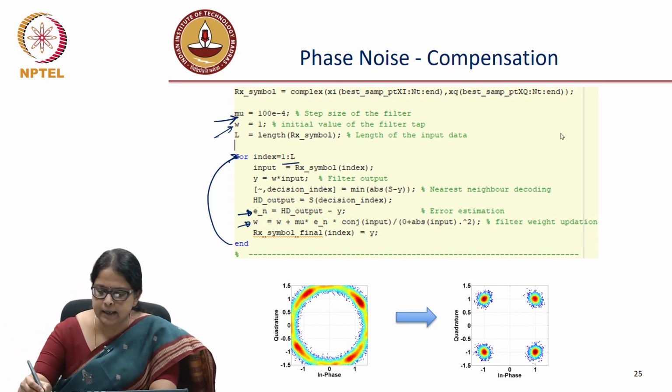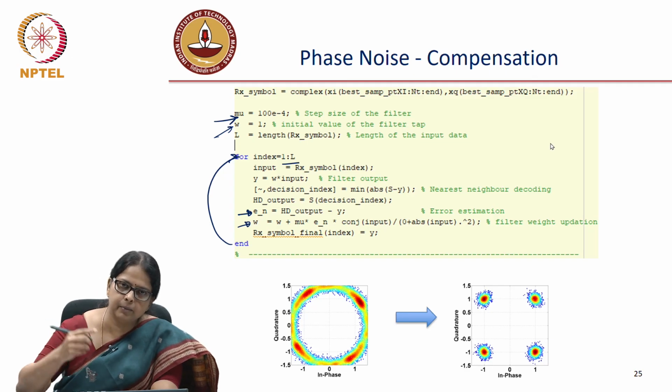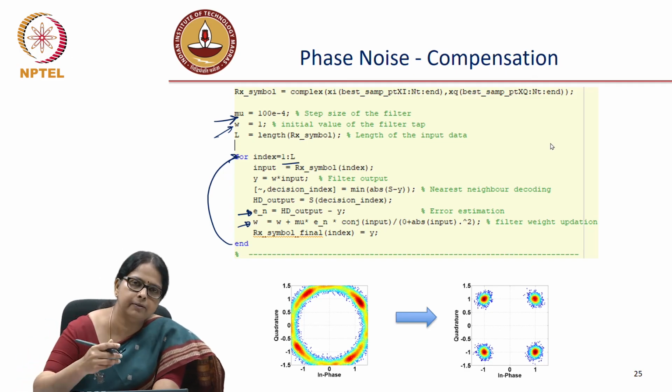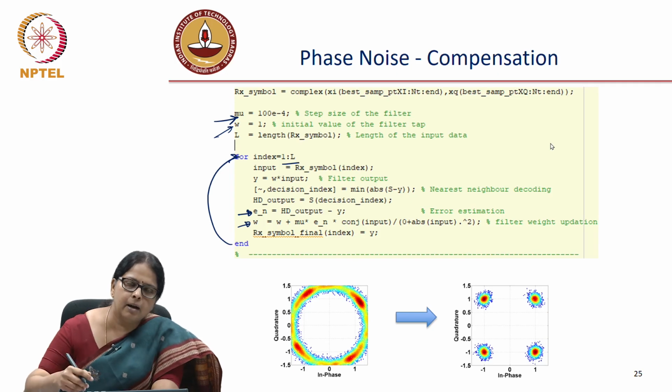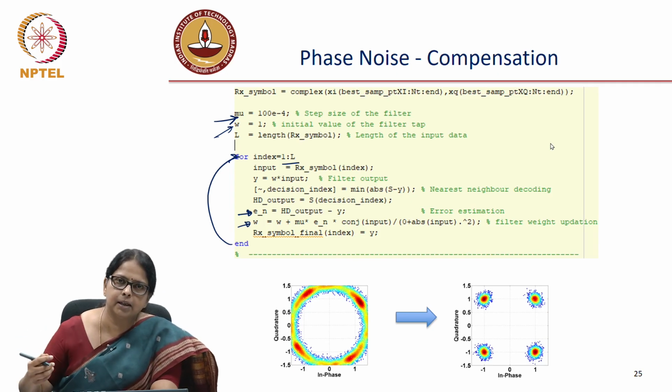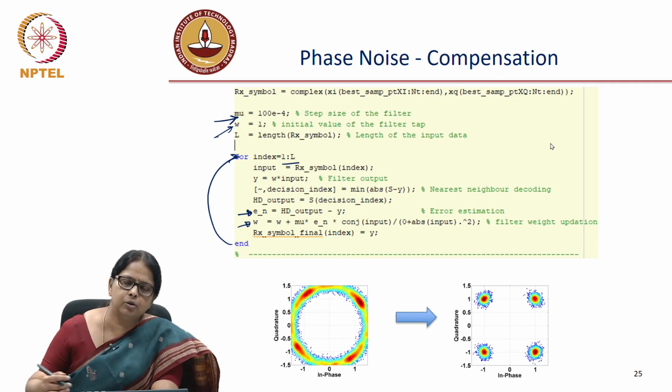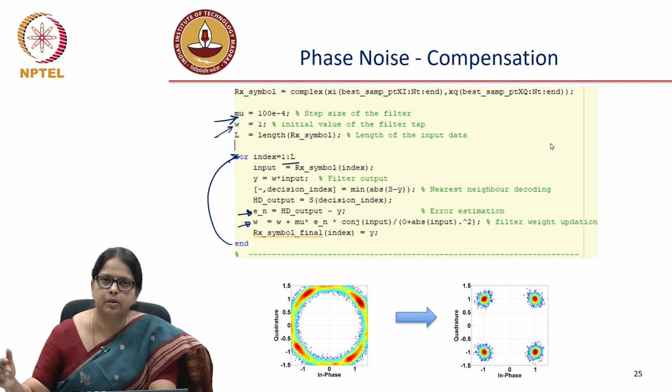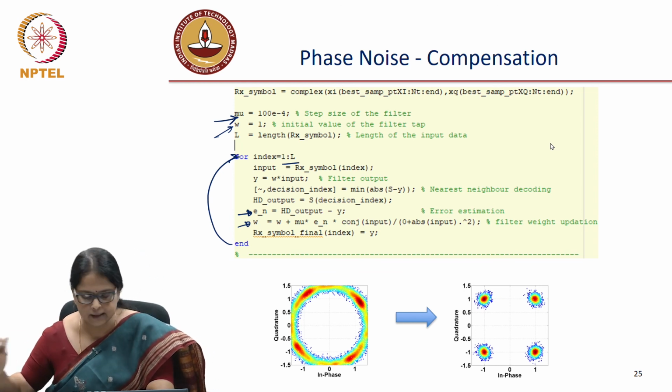So, what you will see is that progressively the filter weight keeps getting updated. Initially, for the first few symbols you may end up with error, but progressively the filter weight gets updated and you will end up correcting for phase noise of every symbol until the end of your sequence.